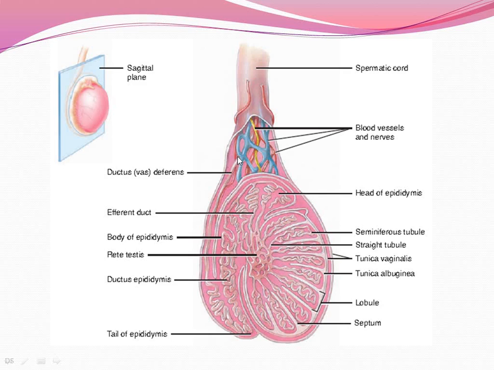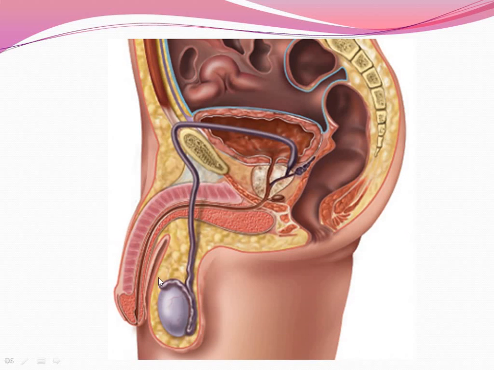Vas deferens moves towards the abdominal cavity in a spermatic cord, right? And this spermatic cord moves towards the abdomen via the inguinal canal. Fine. So this is the inguinal canal, by which the spermatic cord carries vas deferens towards the abdomen. Here is the urinary bladder, right? So just let me show you.